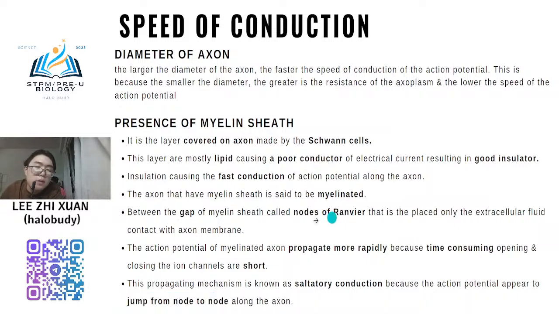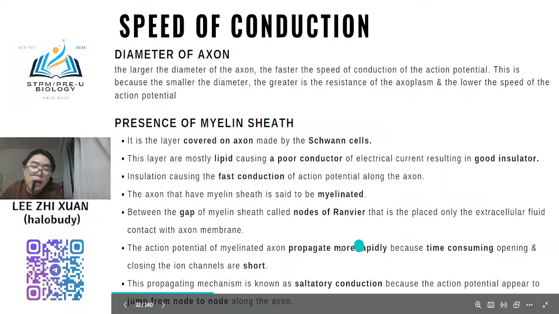The action potential of a myelinated axon will propagate more rapidly, because the time for opening and closing is very short. This mechanism we call saltatory conduction, because the action potential appears to jump from node to node along the axon.